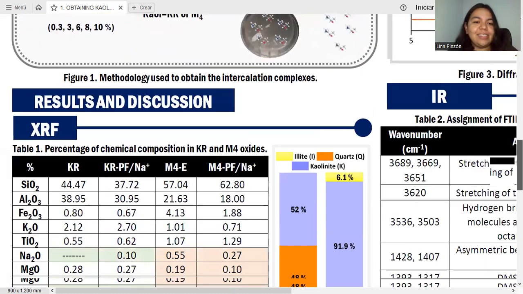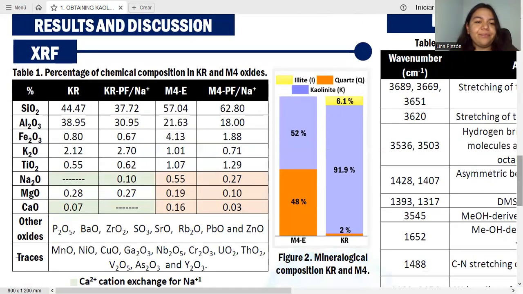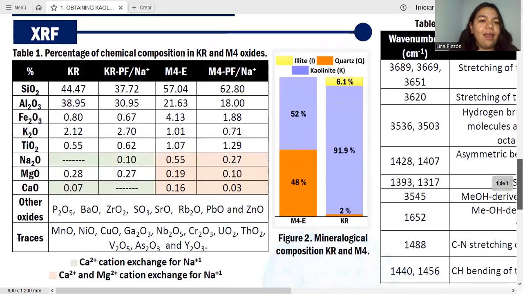In the results and discussion, table 1 shows the results of the XRF analysis of the oxide composition of Kr and M4. It is highlighted that the percentages of silicon and aluminum oxide vary notably between the clays, which indicates that the M4 clay presents a high quartz content.